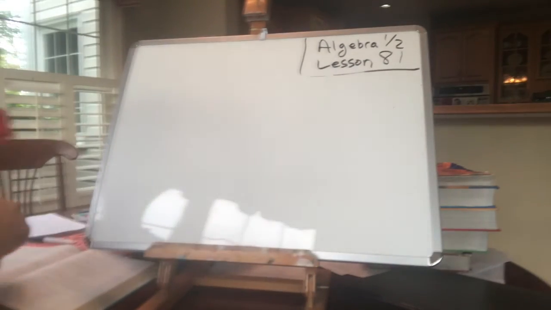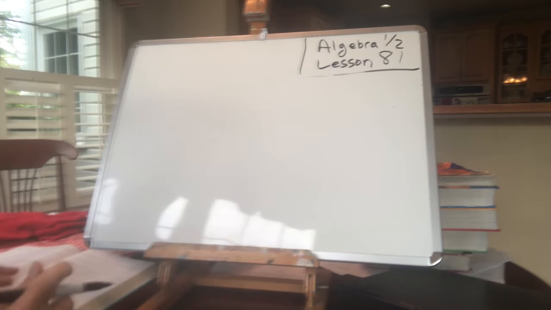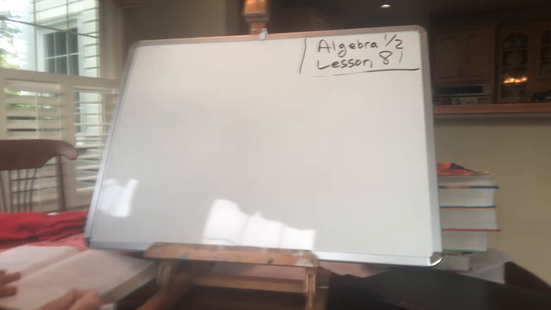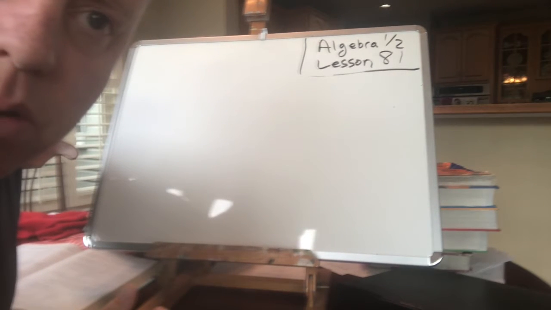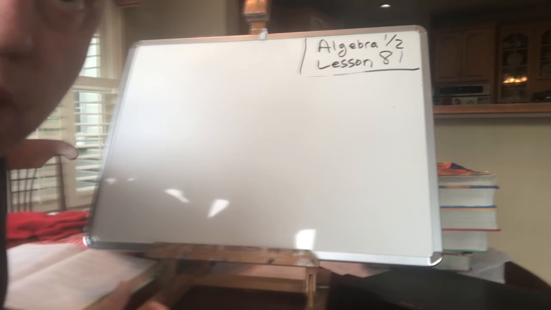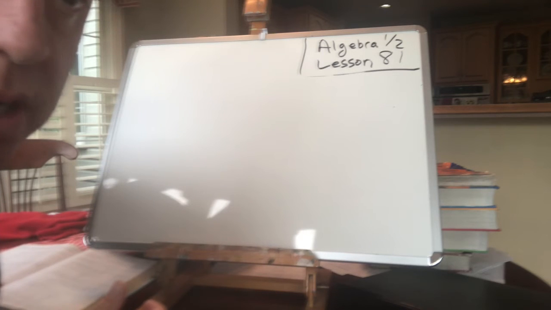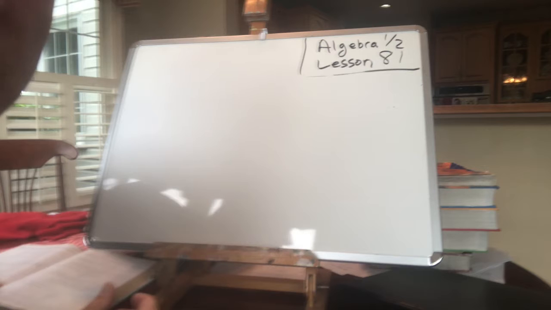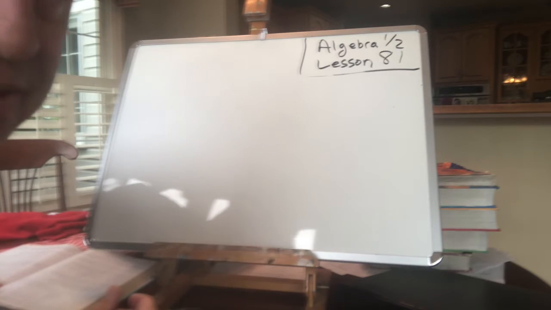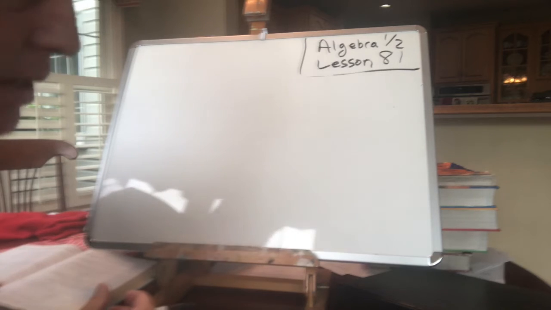Now, we're working on lesson 81, which is multiplication and division of signed numbers. It doesn't matter if it's multiplication or division. If we have an odd number of negative signs, it's going to be negative. If we have an even number of negative signs, it's going to be positive.